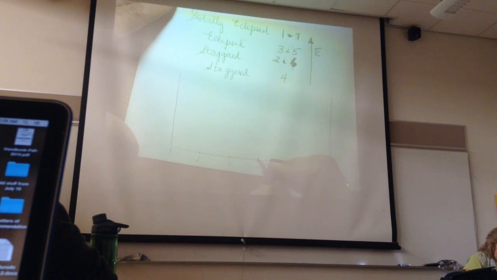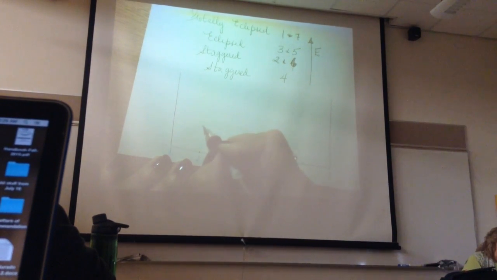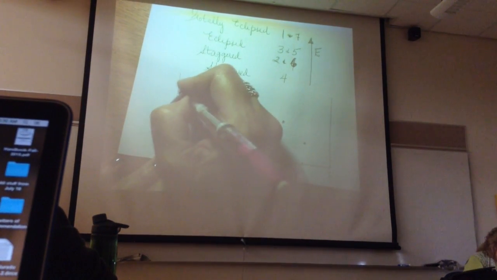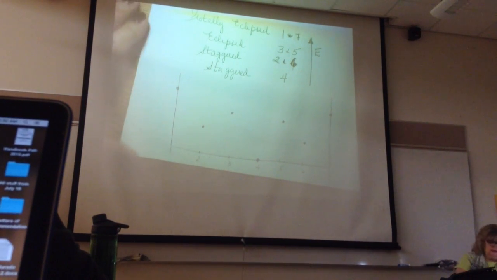And 4 is at the very bottom. Then it follows to be 2 and 6, which are the same energy level. Higher yet are your 3 and your 5. And at the very top are your 1 and your 7. And then you connect the dots.